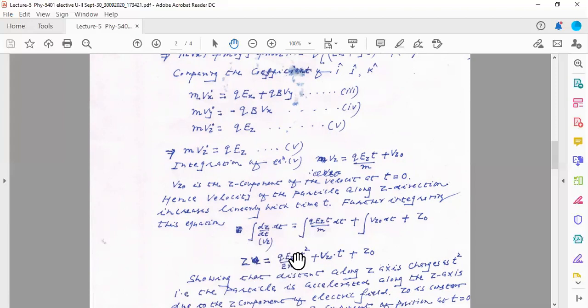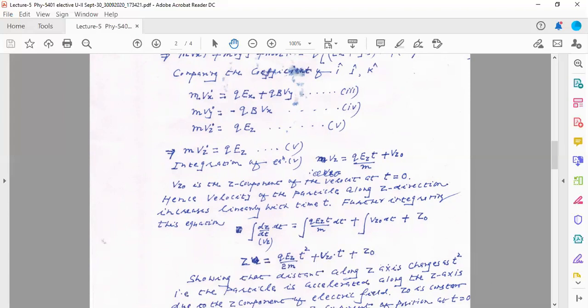Then this gives the term Vz0 t plus z0. This is an equation similar to Newton's equation of motion, distance d equals v0 t plus one half a t square. This is the equation for accelerated motion which you have studied at school level, when you studied Newton's laws of motion.